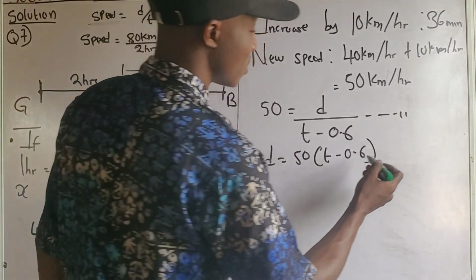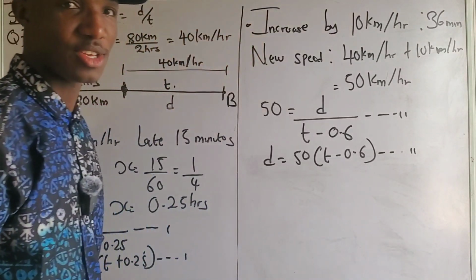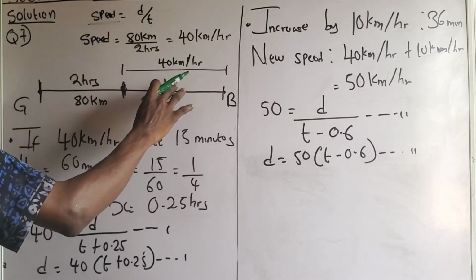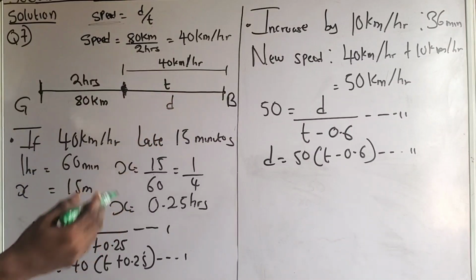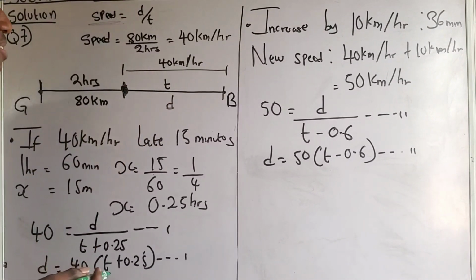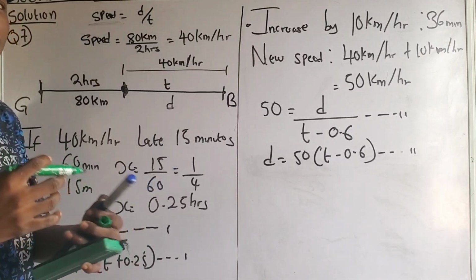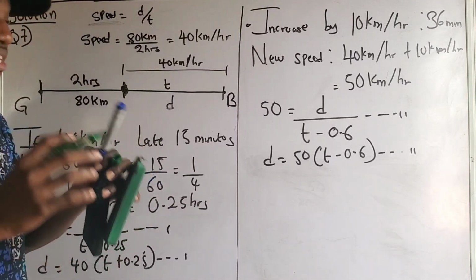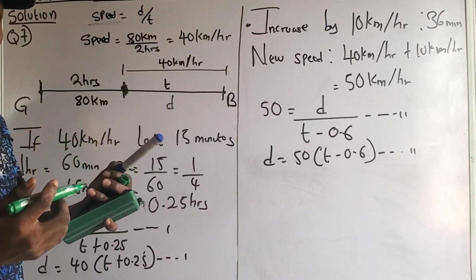This is from equation 2. Now, do you know that the distance is the same for both journeys? What makes him arrive earlier or late is the change in speed. The distance is the same for the journey. Are you getting what I'm trying to say?